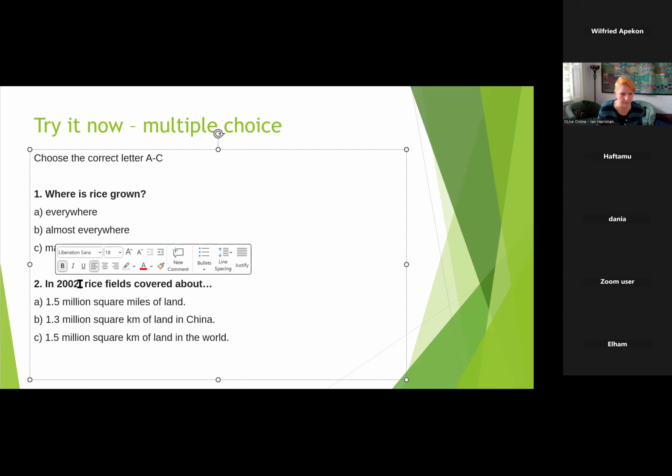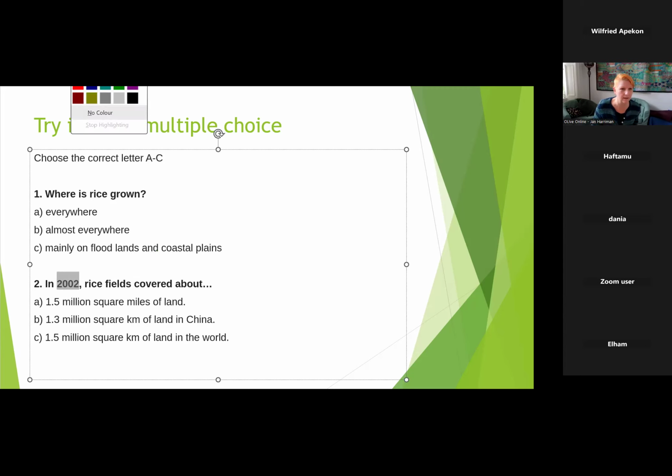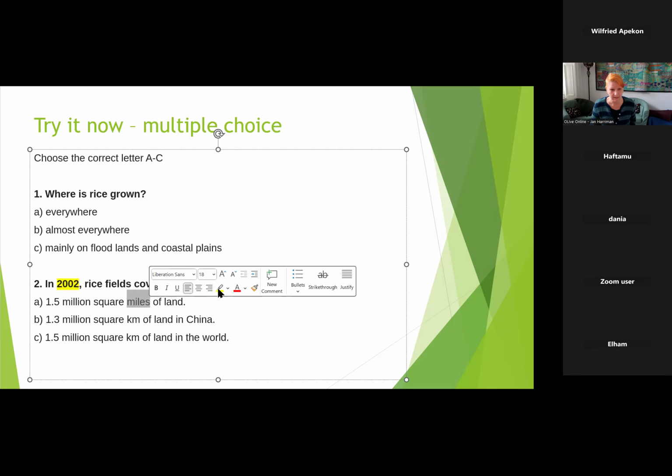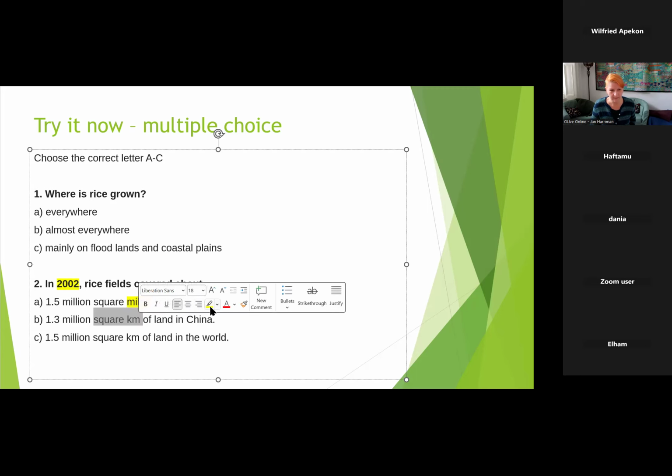Let's try making that a color. Oh, there we go. And then is it going to be miles or kilometers? And which is the correct number?